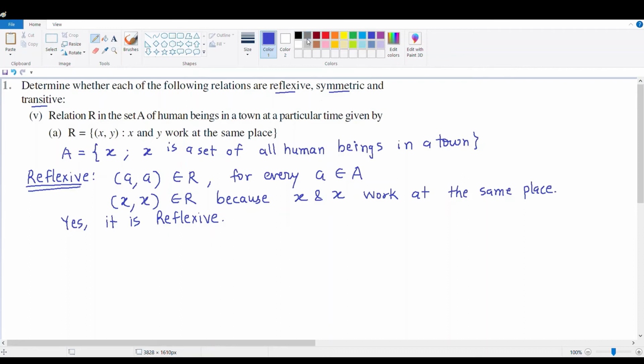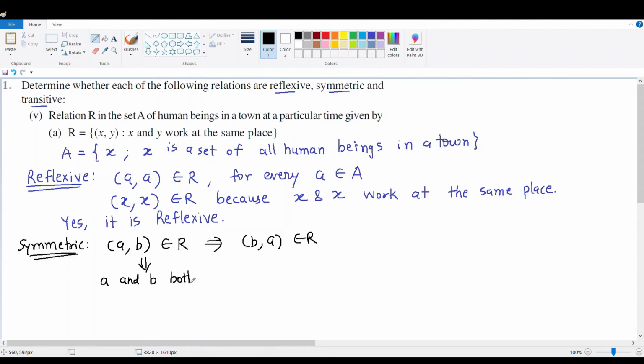Now let's check for symmetric. The definition of a symmetric relation is that if you have some A, B belong to R, then you must have B, A belong to R. If you have A, B belong to R, this implies that A and B both work at the same place.